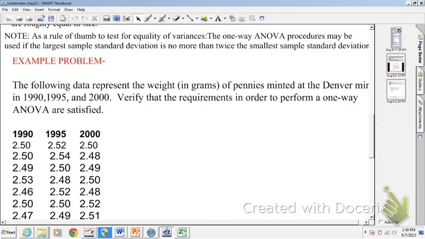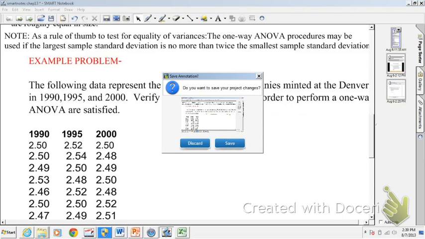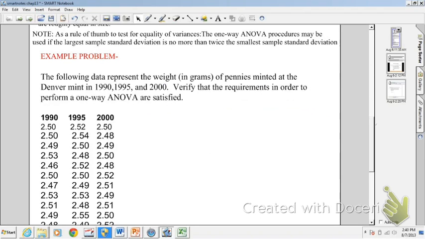The following data represent the weights. So, let me highlight there. Here we are. The following data represent the weight in grams of pennies minted at the Denver Mint in 1990, 1995, and 2000. Apparently I cut that off of the page. Verify that the requirements in order to perform a one-way ANOVA are satisfied.